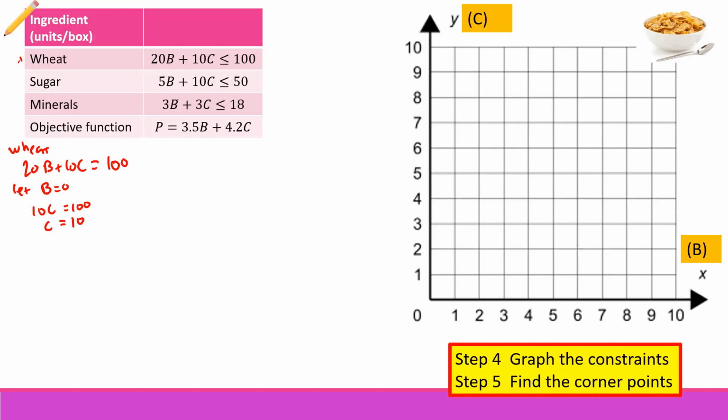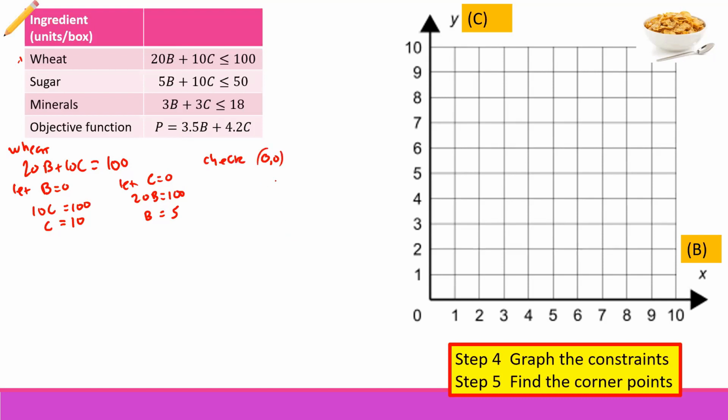Then we let c equal 0, so that's going to give you 20b equals 100, so b equals 5. And then we're going to check 0, 0.